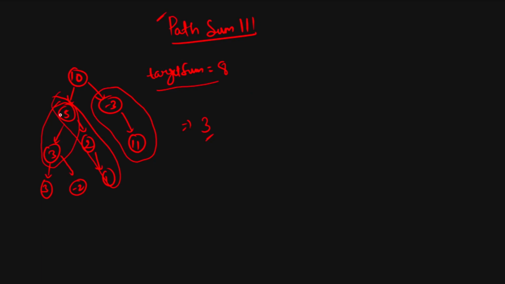In Path Sum, we have to find a root to leaf node path such that there is a path from root to leaf node that gives the target sum. In Path Sum 2, we have to find all the root to leaf node paths, and we have to return them also.